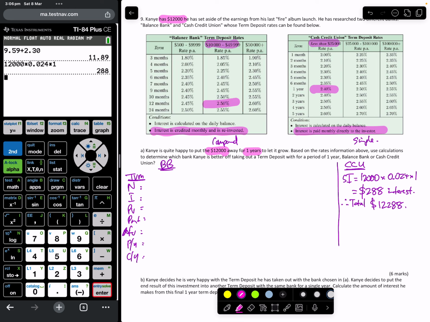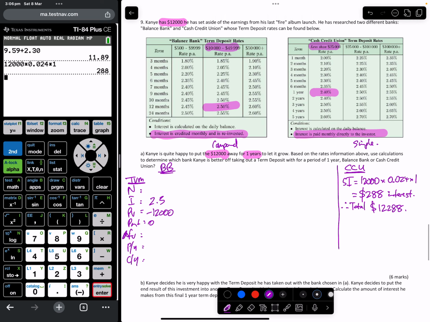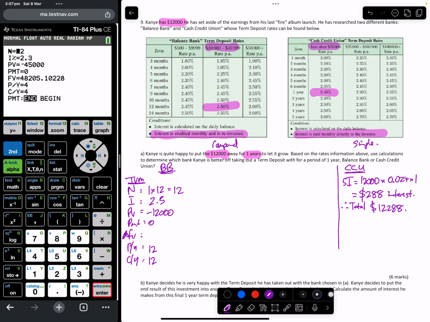So 2.5. PV, he's putting 12,000 in the bank, no payments, credited monthly. So PY and CY are both going to be 12 for monthly. N is going to be 1 year times 12 periods per year, which is 12. Apps, finance, TVM, 12, 2.5, negative 12,000, both 12. Alpha, enter: 12,303.46 to 2 decimal points.